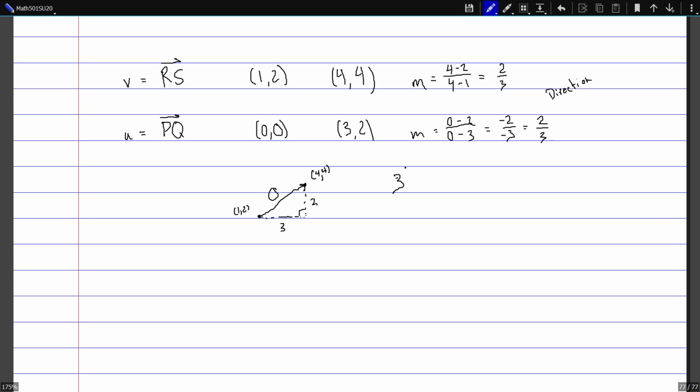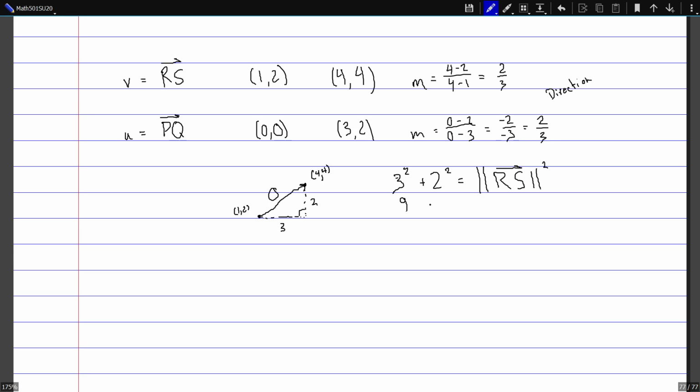So this is going to be 3 squared plus 2 squared equals our magnitude squared. I'm going to write this out in its preferred form. This is RS. Oops, got PQ on the brain. RS. But this is its magnitude squared, keep in mind.